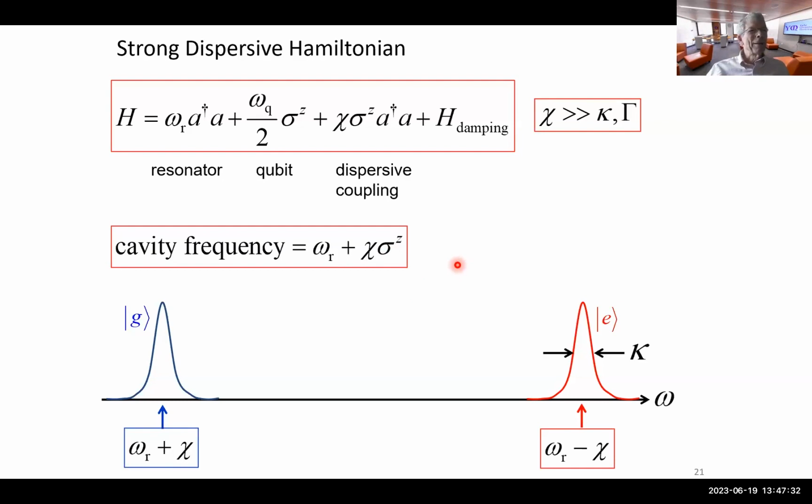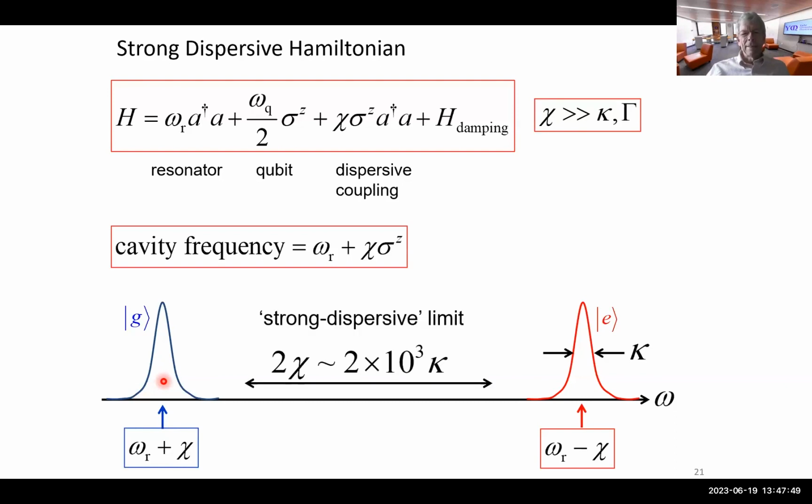Okay, if that doesn't bother you, I'll wait a bit. So when the qubit's in the excited state, the resonance of the cavity sits here, and when the qubit's in the ground state, it sits here, say. Typically chi is negative. And this separation can be 2,000 line widths, so it's gigantic. This is a strong coupling that atomic physicists can only dream about.